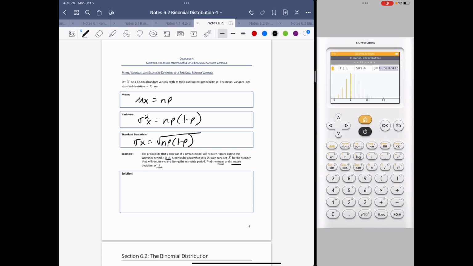All right, so here's what I want to know. We're going to review check your bins for this one. So this is binary. Success in here is that the car needs a repair. Okay, so success is not always good. Success is it needs a repair. Failure, it's fine. It's independent because it's a dealership selling 25 cars of many, many cars.